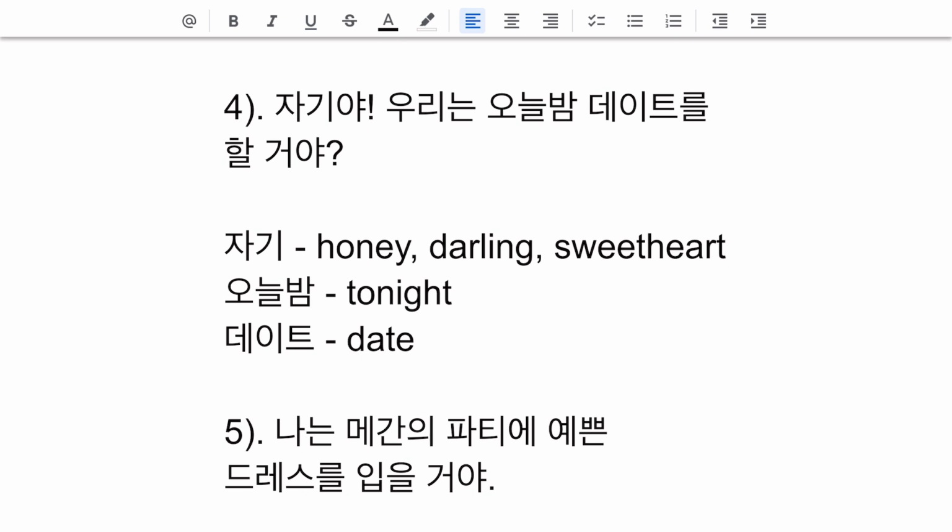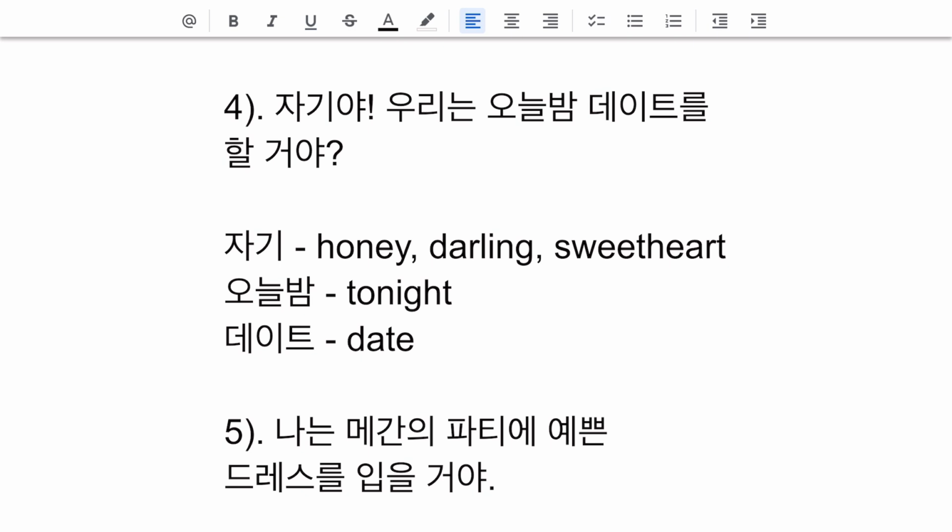And we could actually put 에 on this one. We can't put 에 on 오늘, but we can put 에 on 오늘 밤. But you can also leave it out. And we have 데이트. What will we do? We will go on a date. Or do a date, if you're being literal, 데이트를 할 거야.